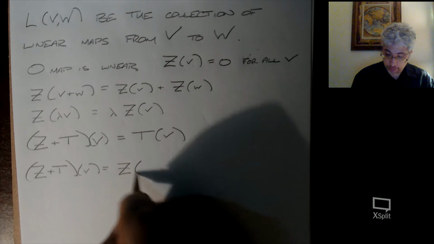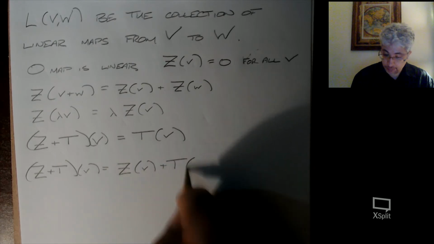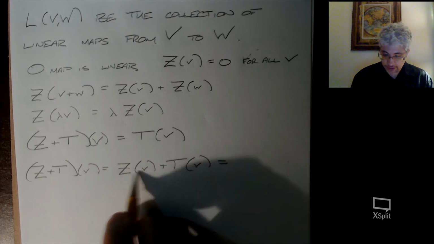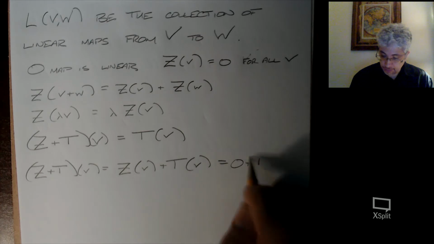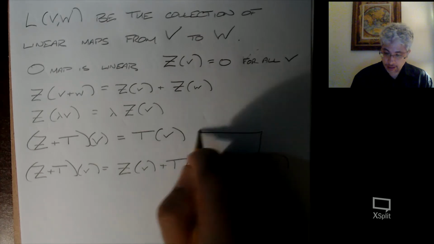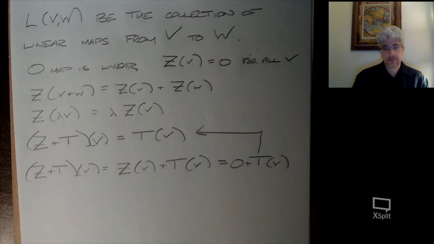I'm not writing the proof out each time, but these are proofs. Well, Z of V is 0, so this is the 0 vector plus T of V, which is just T of V. So the 0 map is linear, and if I add that 0 map to any other transformation, that 0 map sends that transformation to itself.